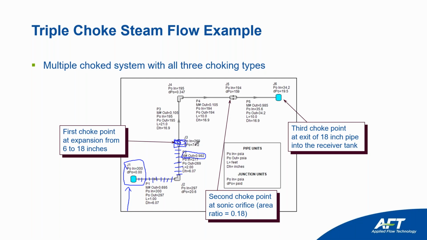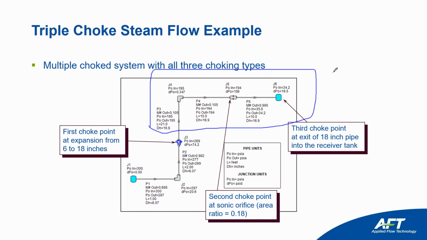That's where we're going to have a sonic shock wave, which is a discontinuity in pressure. So after we choke, the question is, how do we calculate the conditions everywhere else? Well, that's where we start with the discharge boundary condition and we work our way backwards. So here's how AFT Arrow does this.